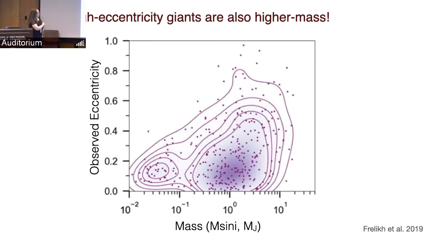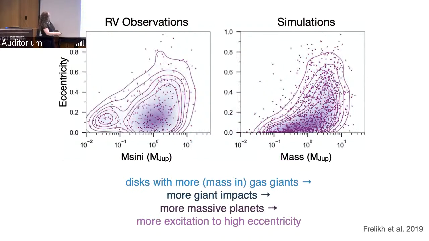Okay, just really briefly for fun, because I have you. High eccentricity giants are higher mass. Like these would go out to like 10 Jupiter masses. The higher eccentricity ones are the higher mass ones, which dynamically seems kind of weird. But if you actually say that disks that start with more gas giants are the ones that collide and grow through a giant impact phase into those big gas giant planets, then that collision growth process gives you high eccentricities.